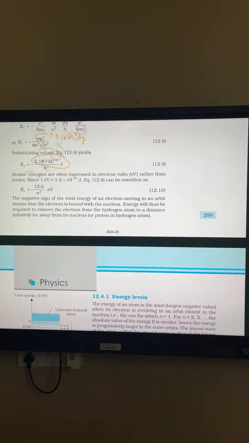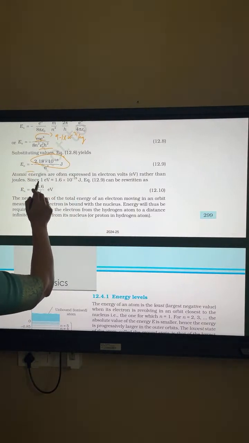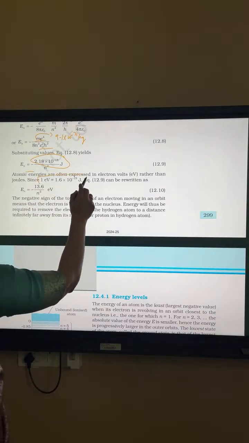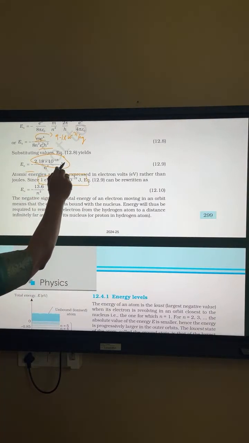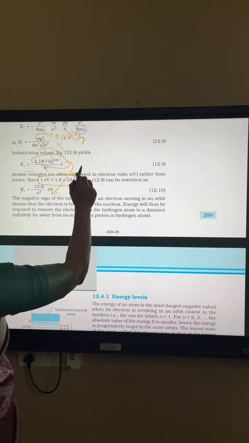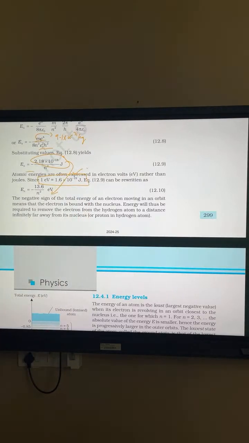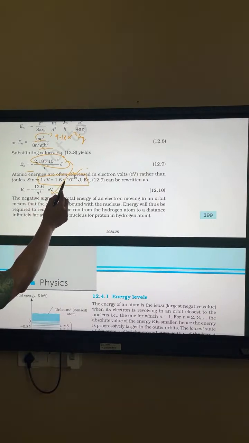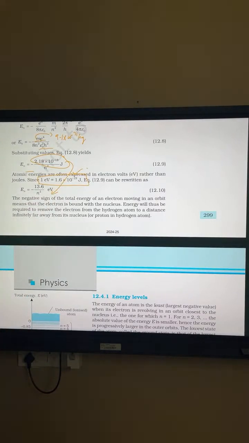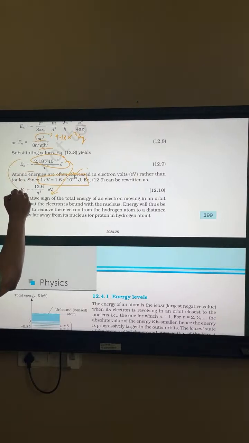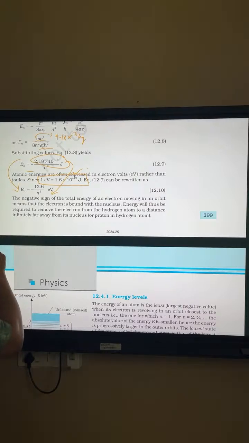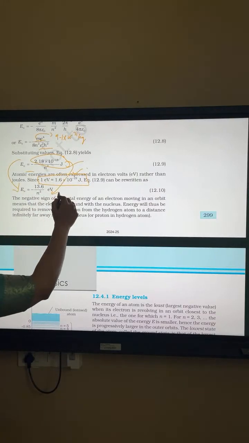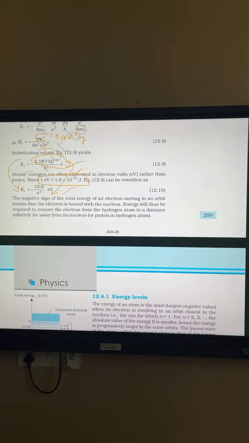Converting electron volt into joules and joules into electron volt is the major conversion. 1 electron volt is equal to 1.6 times 10 power minus 19 joules. If you convert this, it will be negative 13.6 by n square electron volt. This is in the form of joule, this is in the form of electron volt. Understood?